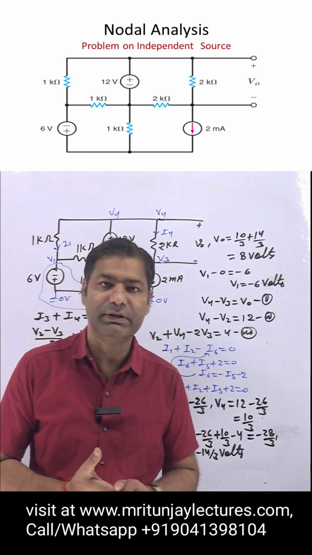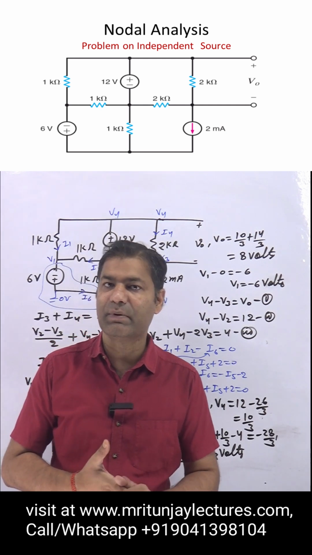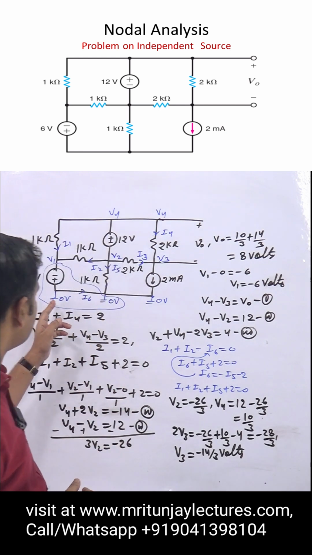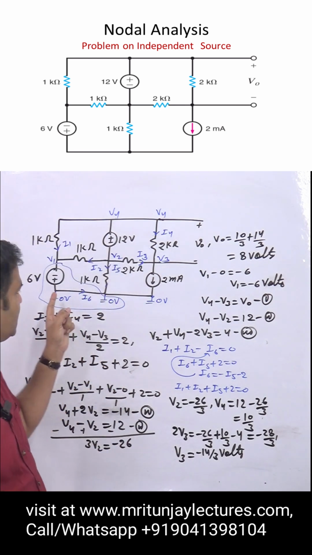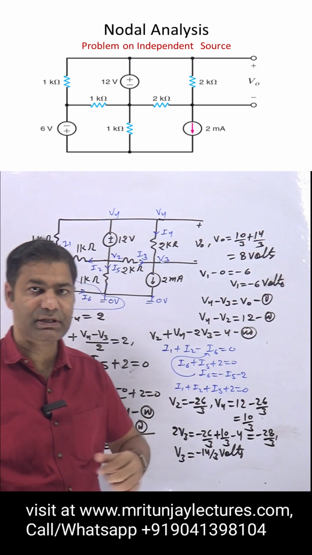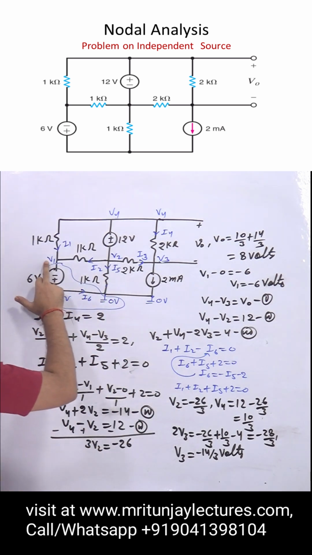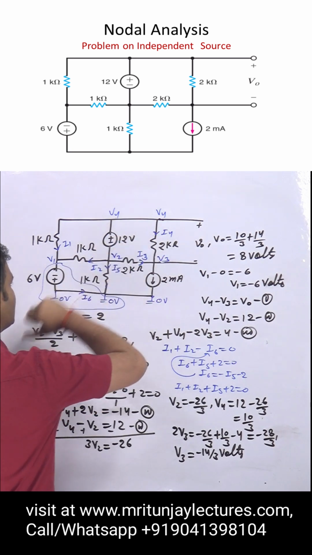Simply, I know that our motto is to determine V0 with the help of nodal analysis. So how can we do it? First of all, we have taken the datum node, that is 0 voltage. After that, if this one is 0 voltage, then here is V1, here V2, here V3, here V4.